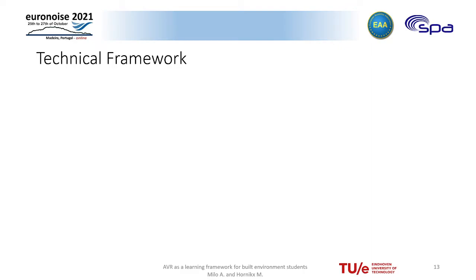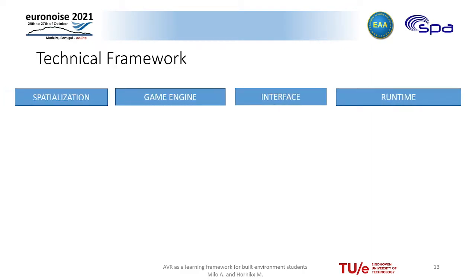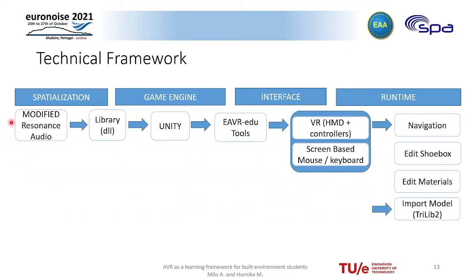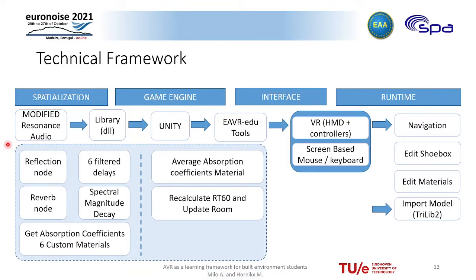Now I will explain with some detail the technical framework of the application. I would like to focus on the spatialization engine and explain how it works. We are using a modified version of the Resonance Audio library, which is based on applying a room effect to the listener.